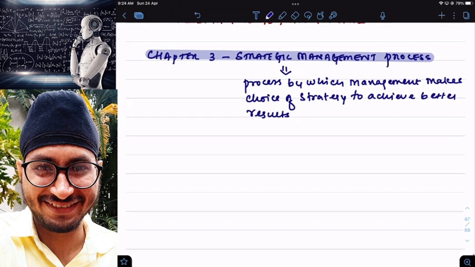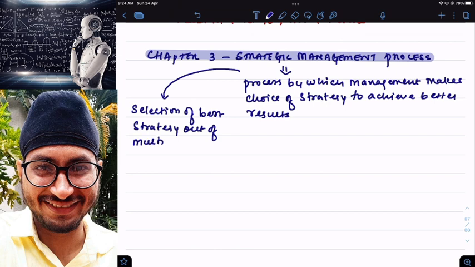In simple words, I can also write it like this: selection of best strategy out of multiple strategies available. Clear? I repeat, out of multiple strategies available, selecting the best strategy to achieve the results is called strategic management process.